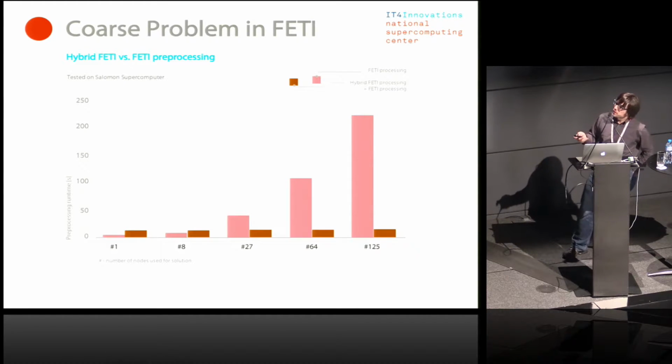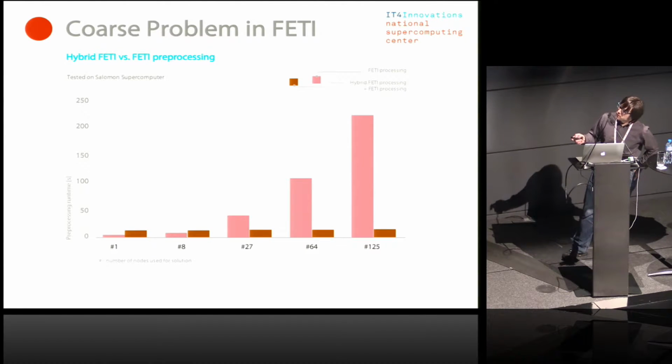If you go to 125 nodes, your preprocessing, which in this case means assembling the Coarse problem and its inverse, is exponentially growing. At first it's slow, and then it doesn't fit into the memory.